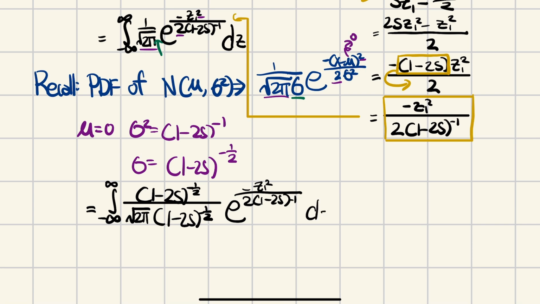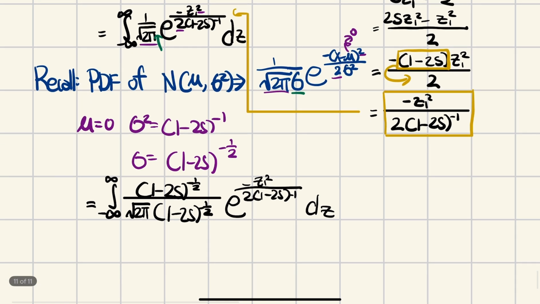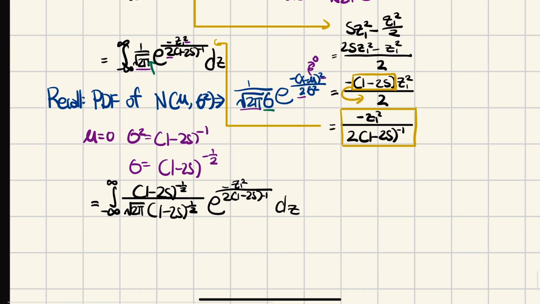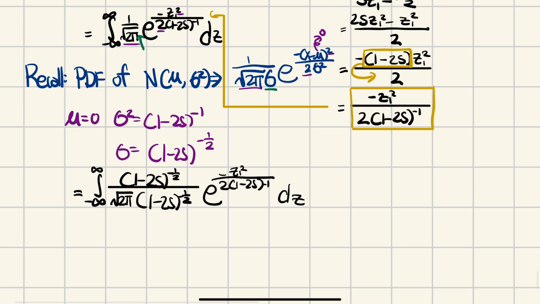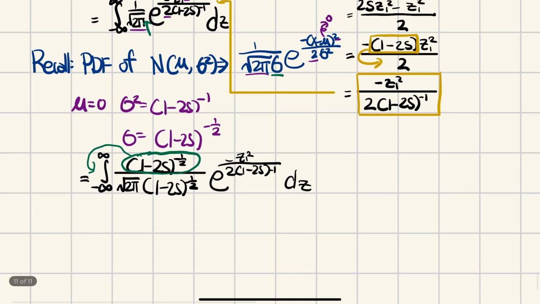Now we get something very similar to the structure of a PDF of a normal distribution where mu is 0 and sigma squared is 1 minus 2s to the power of negative 1. The only thing that differs is we have to take this value out, which is possible since it's not a function of z. We're integrating with respect to dz, so we can easily take this out. It's basically just a constant in this case.